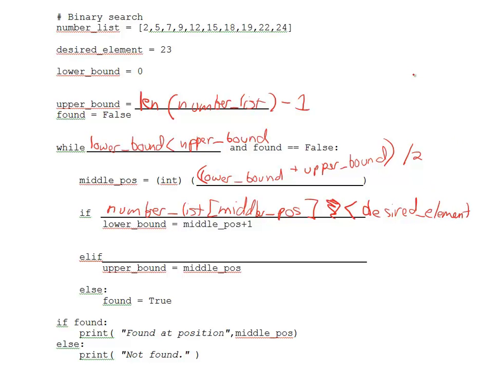Now, if you think about it, when I do this, I've got my entire list right here, and if this middle item that I'm checking in the middle position and my desired element is greater than that, that means my desired element's up here, so I need to move my lower bound up. So, yep, that looks right. Then I'm just going to do the same thing, but opposite here.